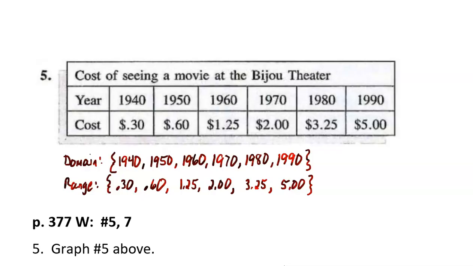Now we're asked to take the pairs from the chart and write them as a set of ordered pairs. So 1940 is paired with 30 cents. 1950 is paired with 60 cents, and so on.